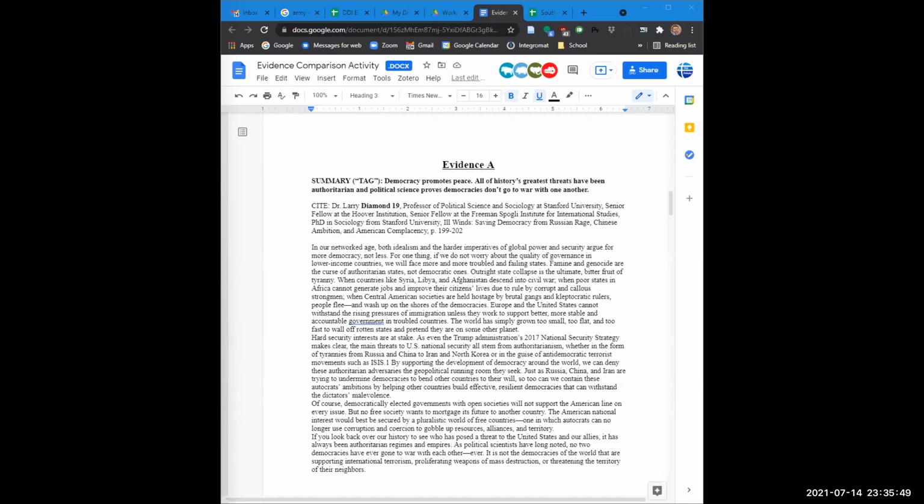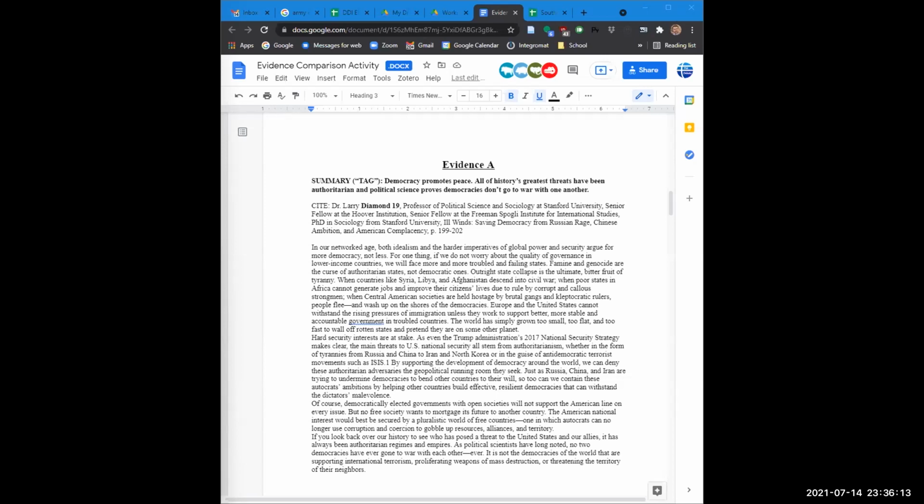The fifth group thinks that the evidence B is better than evidence A because although evidence A gives some examples, all these examples don't have data to prove that making a country democracy will really make these countries peaceful.